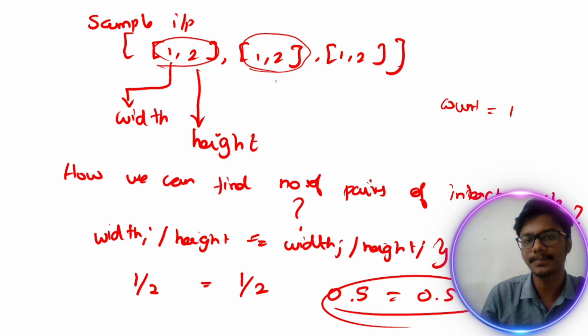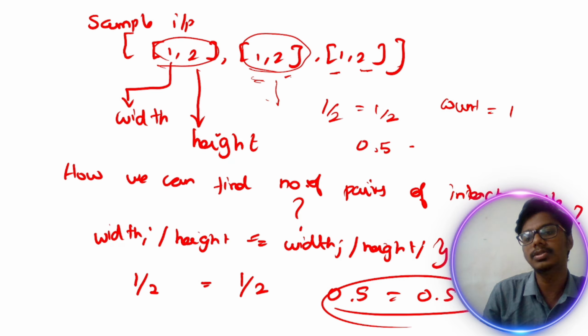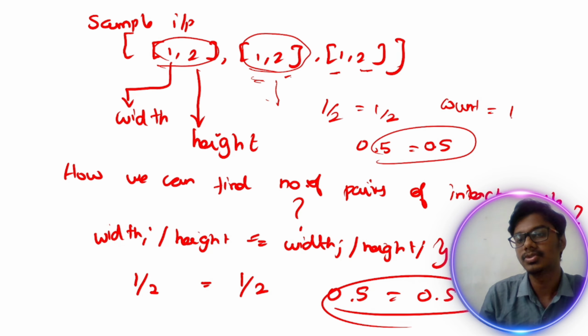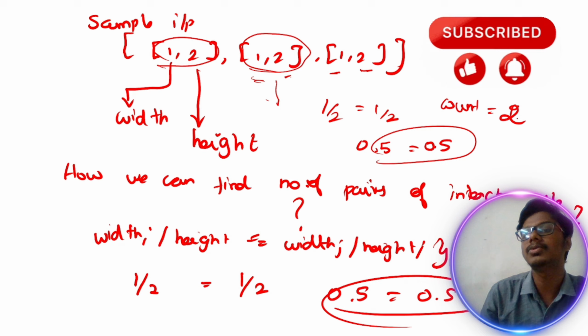Again, if we consider another rectangle with width i and height i, and width j and height j, and I divide 1 by 2 equal to 1 by 2, 0.5 is equal to 0.5. So this is also considered interchangeable, and we update the count to 2.